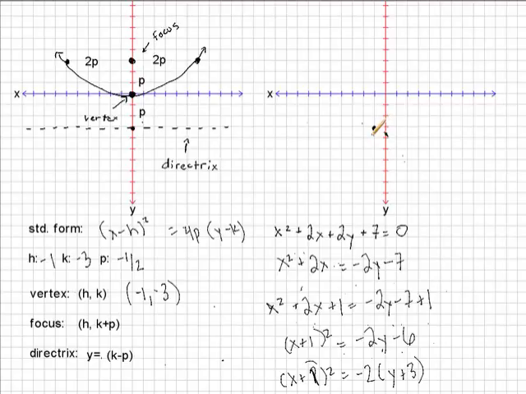I'm then going to go over on either side from my focus a distance of 2p. p is equal to negative 1/2, so 2p is equal to negative 1. I'm just going to go 1 unit over on either side and put some little dots there. Once I get these 3 dots that are kind of in an arc here, I'm ready to draw an approximate picture of my parabola.